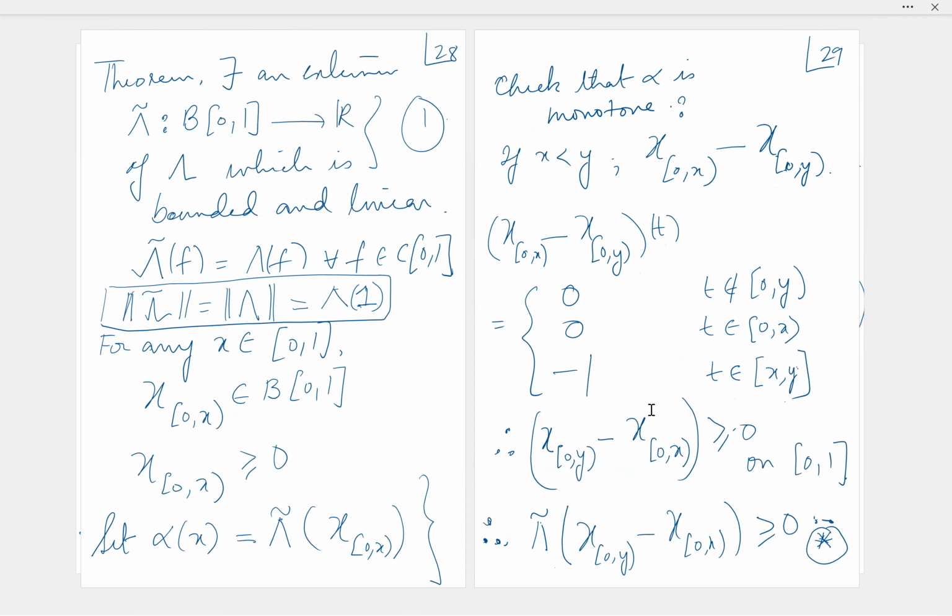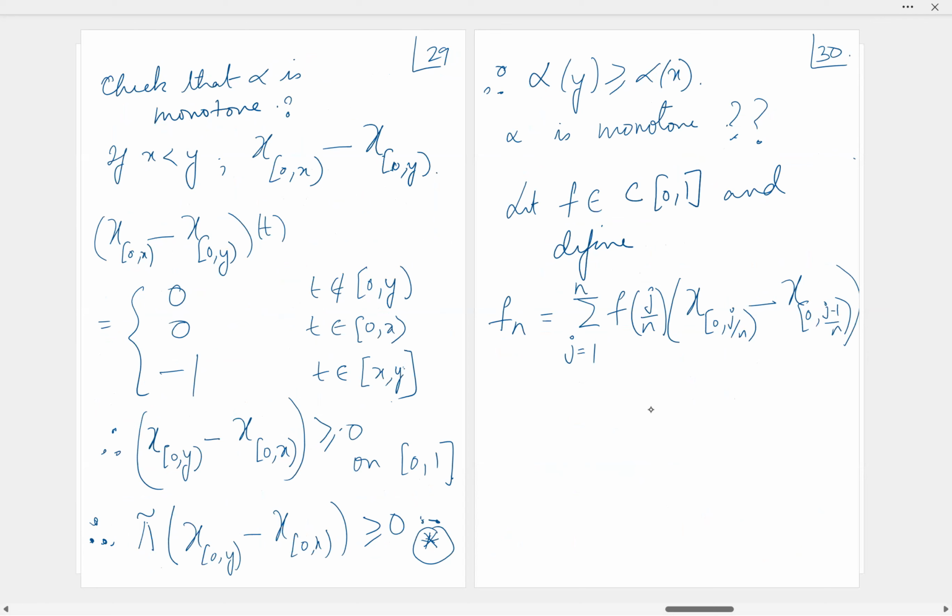This will be an exercise for you in the tutorial: to show that the extended linear functional is also positive. Once we have done this, alpha is monotone. Now we have this function alpha in hand.